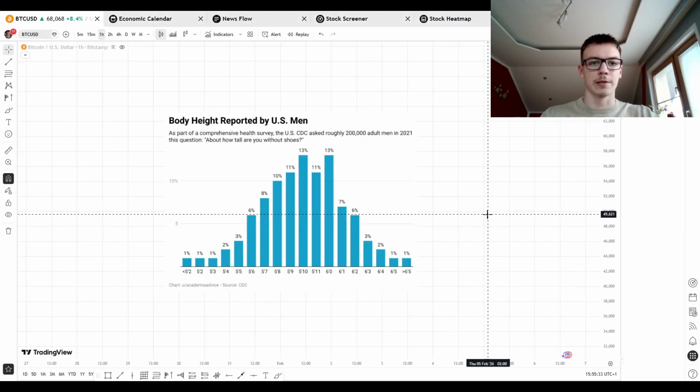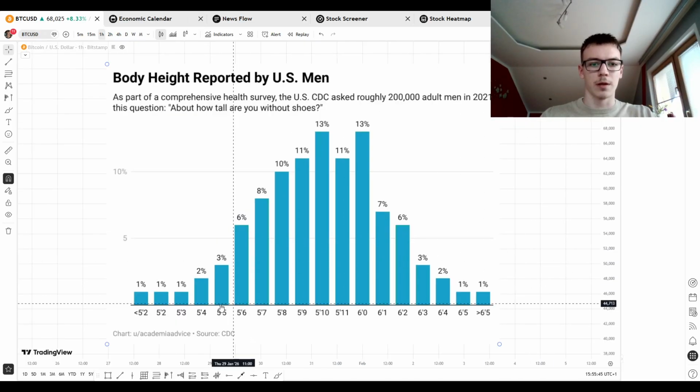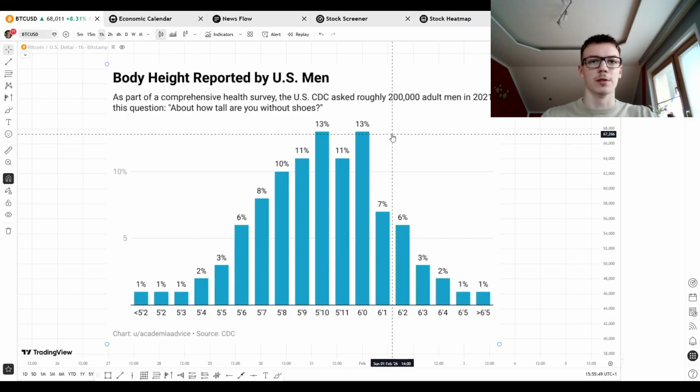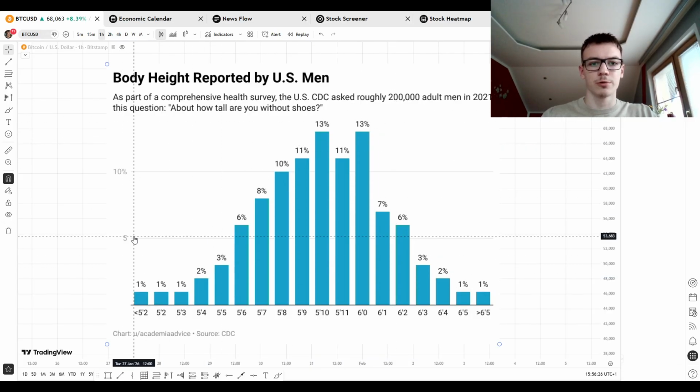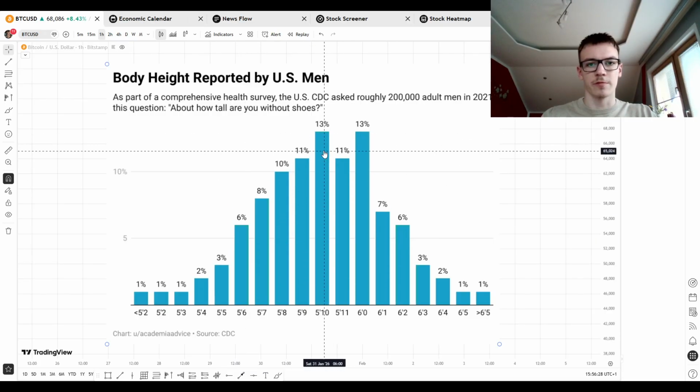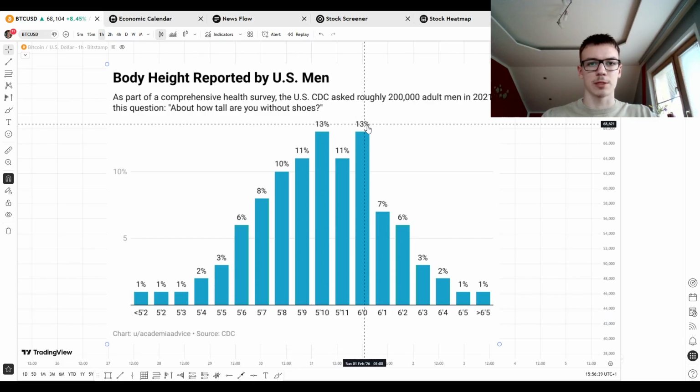I think you have already seen charts like this before. This is the distribution of male height reported by the US government, and it shows you which height of male is most common. Those are sitting on these peaks right there.